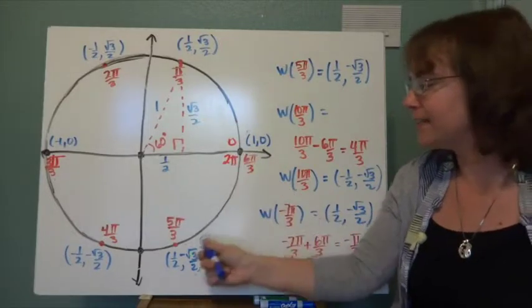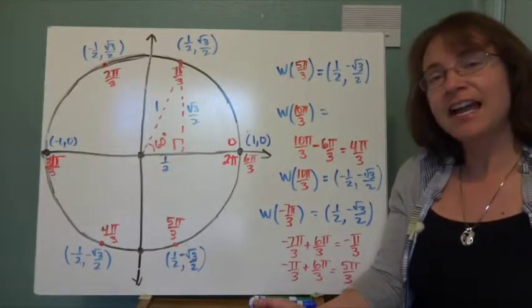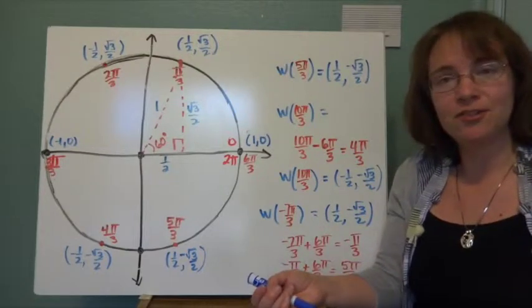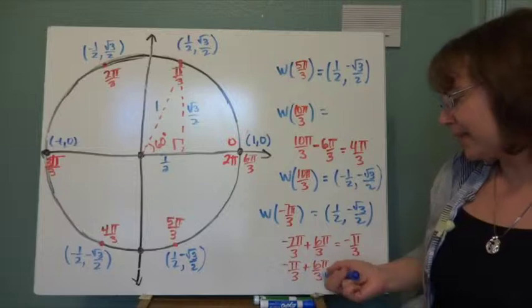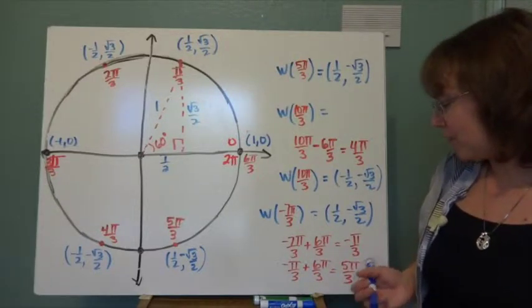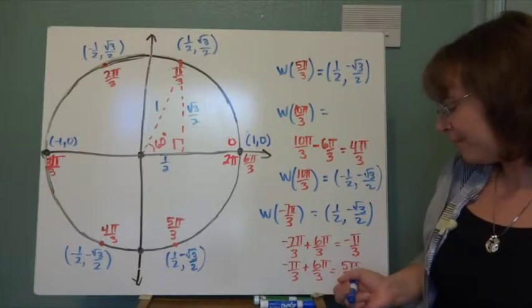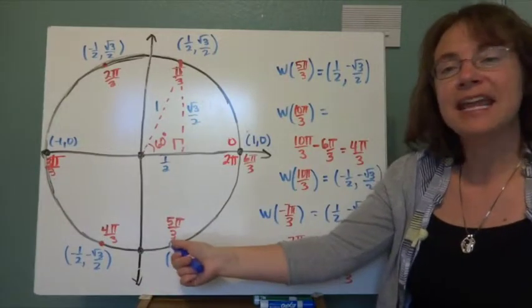So then I could look at this and go negative pi over 3. Now if I don't like the negatives, I can even add another 2 pi to it, and I'm going to end up in the same place. So negative pi over 3 plus 6 pi over 3 is just 5 pi over 3. So I can wrap 5 pi over 3, and that will be exactly the same as negative pi over 3.